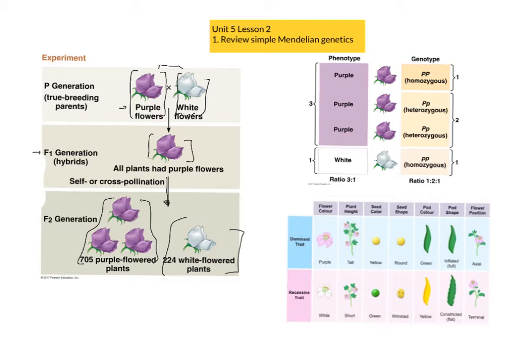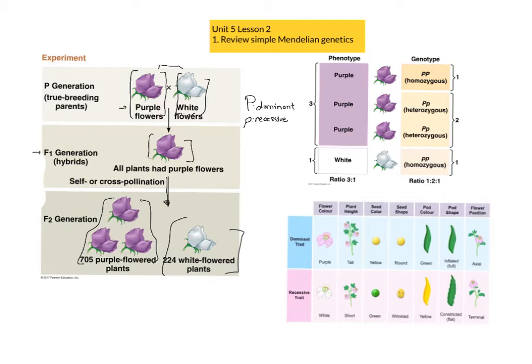And it seems like the heritable factor for purple color is dominant to the heritable factor for white color. And so he represented this with letters. He said, okay, let's use the letter P to represent the dominant heritable factor and lowercase p to represent the recessive heritable factor.